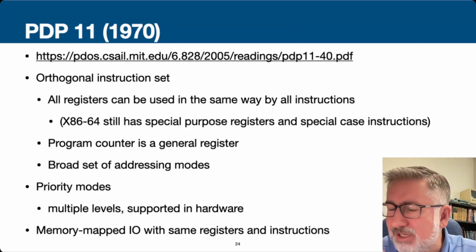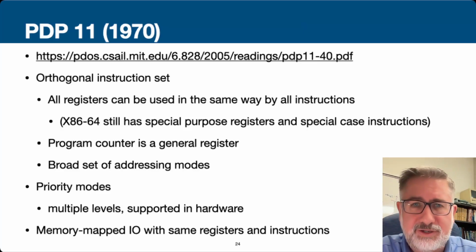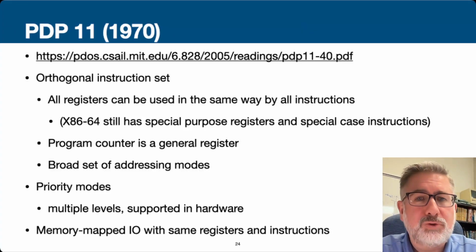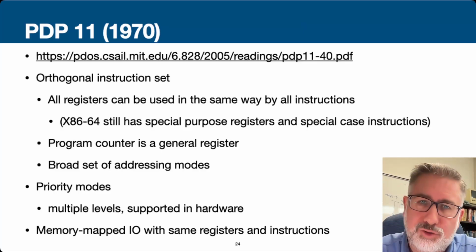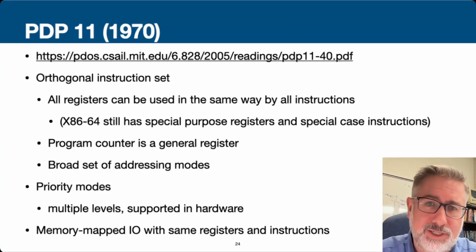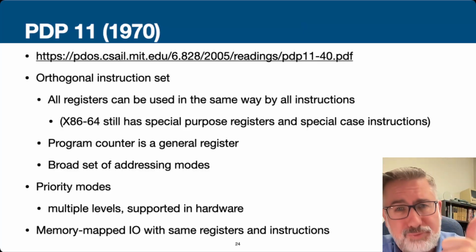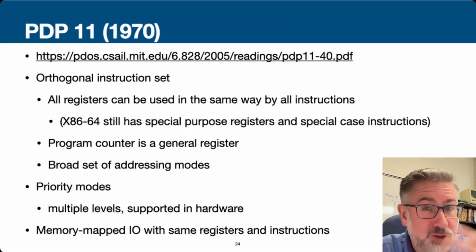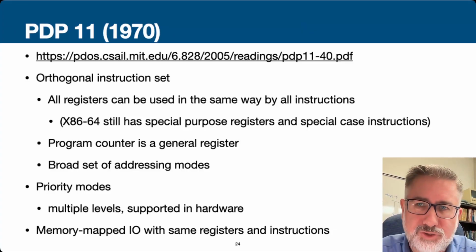But as programming developed, as people got more comfortable with assembly code and there were compilers and various other things sort of between the programmer and the operation, there was a recognition that being able to do things to the program counter would be a good idea. Being able to add to the program counter in the same way that you can add to a register when you are indexing, this is going to be valuable. It's going to make branches and jumps a lot more efficient, and it's going to broaden the number of things you can do with program control flow. So program counter was a general purpose register.